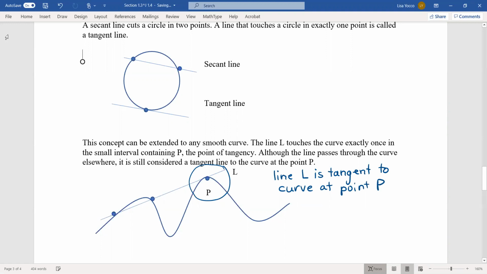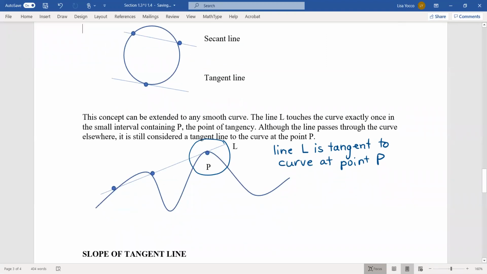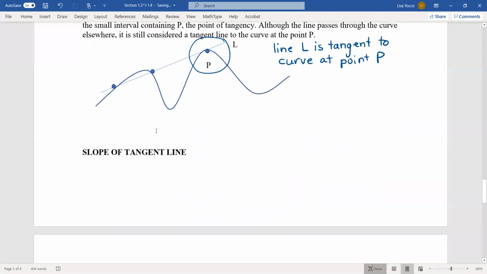All right. Well, what does that have to do with anything? It turns out there's a connection in calculus between the derivative and a point, that's called a point of tangency. So the slope of a tangent line is what we're talking about.